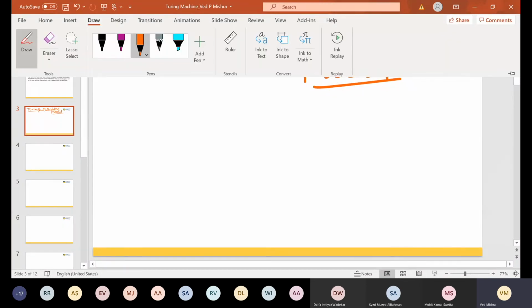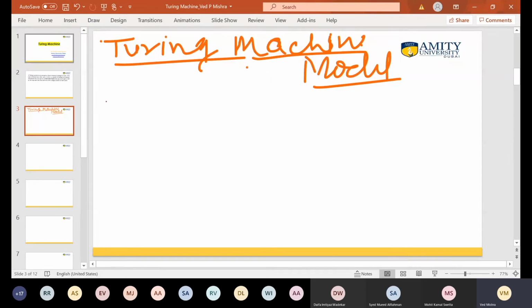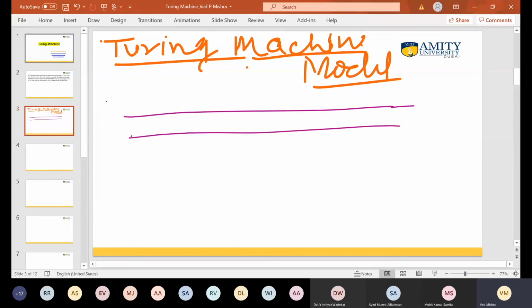In the Turing machine model, we will have one read-write head, which I was just talking about. Where you will have different symbols like A1, A2, A3, something like that.